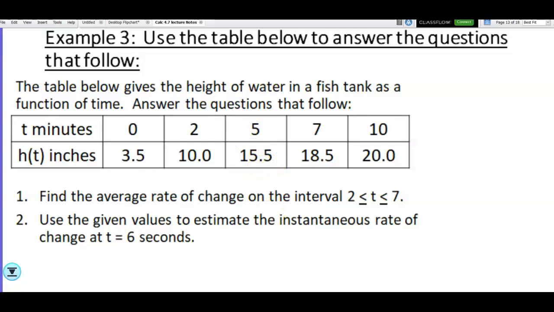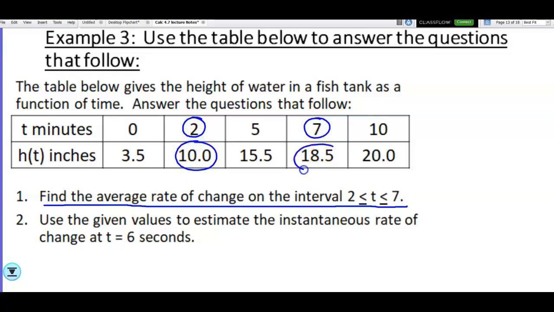It says answer the questions that follow. So we want to find the average rate of change on the interval from 2 to 7. Those are time values, so we want to go from t equals 2 to t equals 7. At 2 minutes, the height is 10, and at 7 minutes, the height is 18.5.